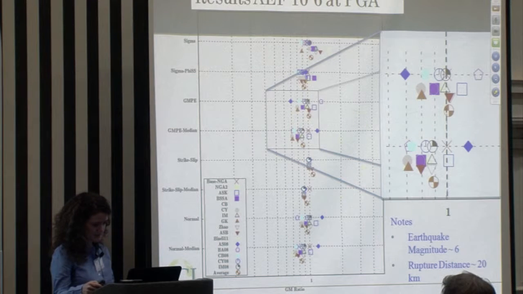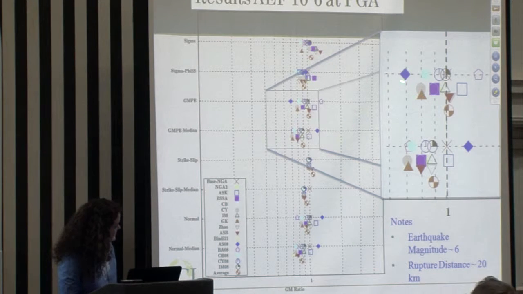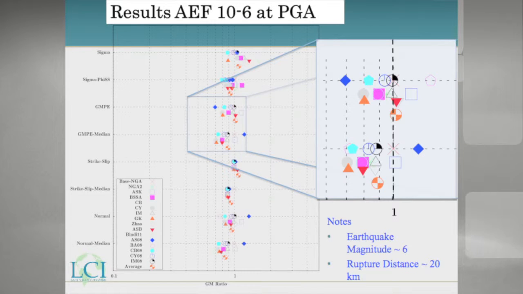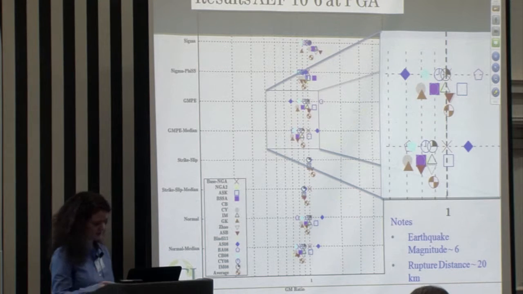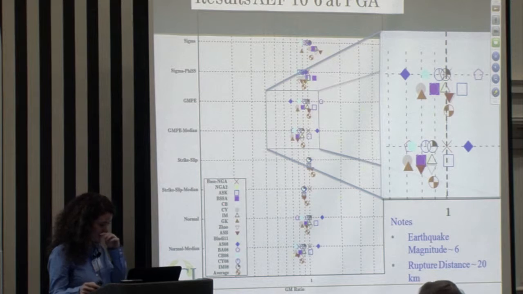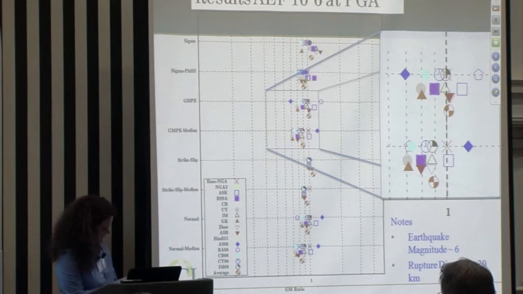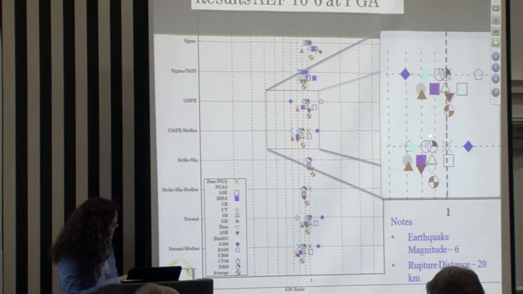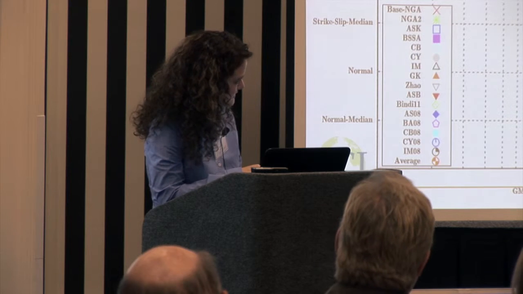Here's for the median GMPE. And what you can see here is that the dispersion, again, for the 2008 is much larger than the 2013, which raises the question of whether that's because there's just a greater agreement now with more data. And also for the median sigmas, where the sigma is locked down at 0.65.